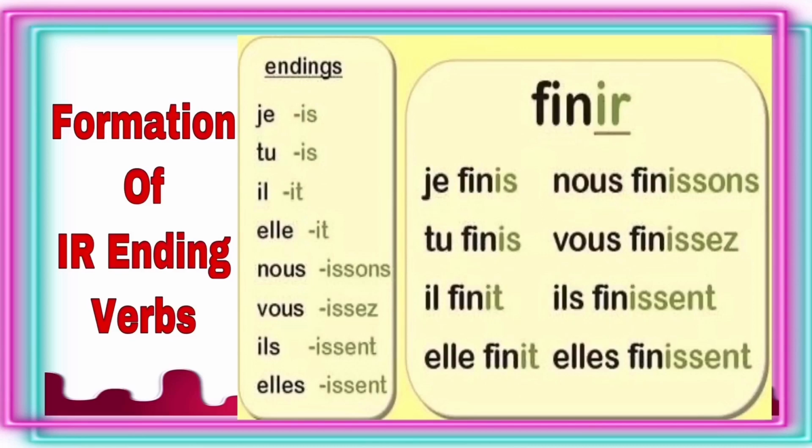Now moving on to its conjugation, the first step is to remove ir. So after chopping off ir we will be left with fin. So fin will be our radical. And let's move to the second step, which is to add these endings to the radical. So that's how we conjugate the verb.